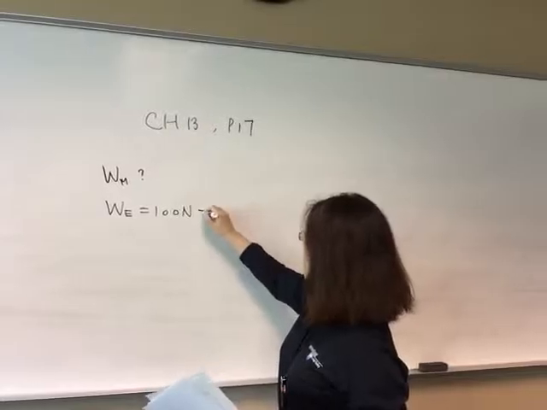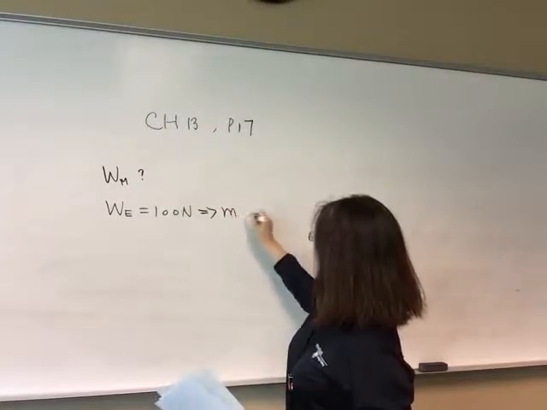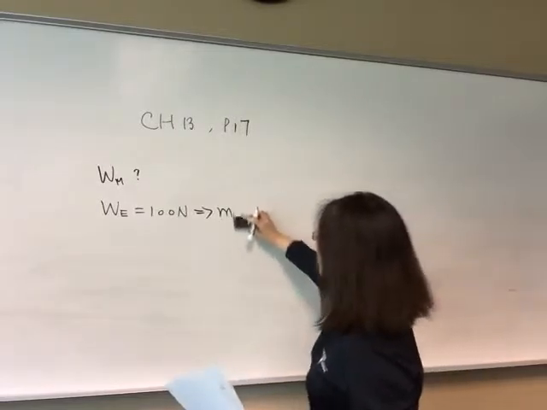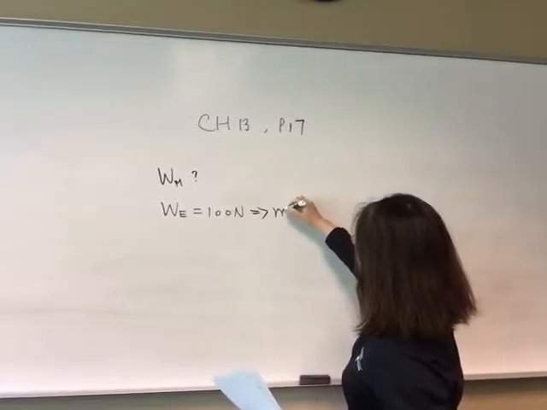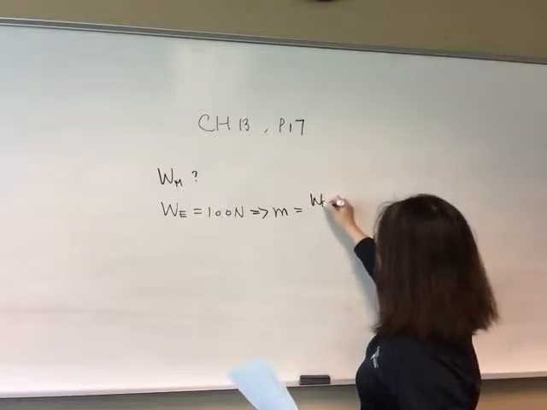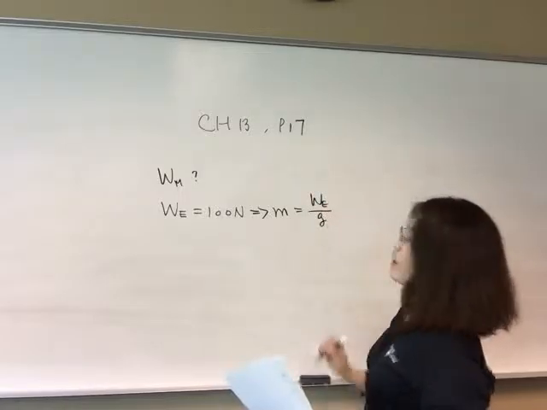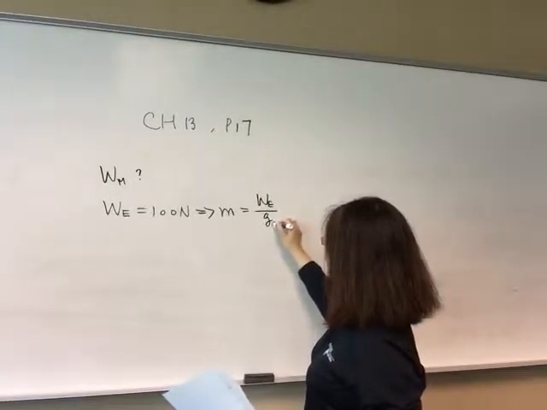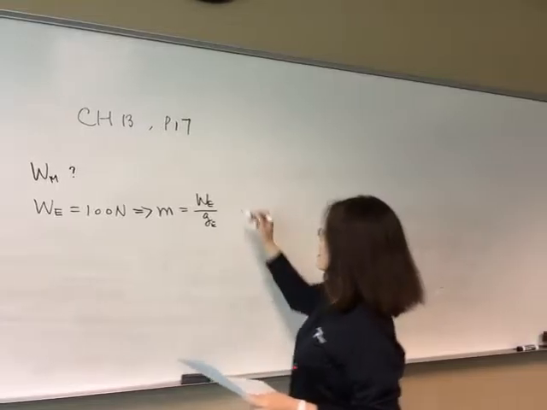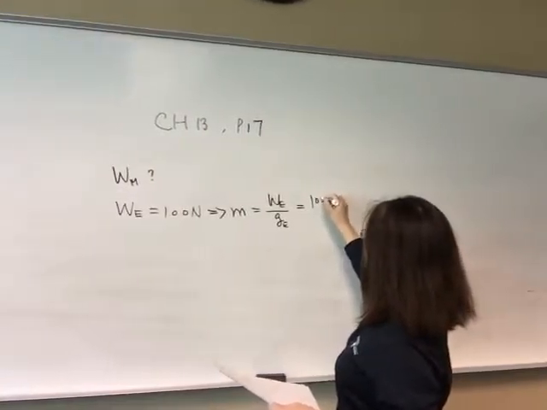So we can calculate the mass, right? The mass is actually constant regardless of where it is placed. So your mass is WE over the gravitational acceleration on Earth. I'm going to put an E here because now we have two different objects. So now we have 100 over 9.8.